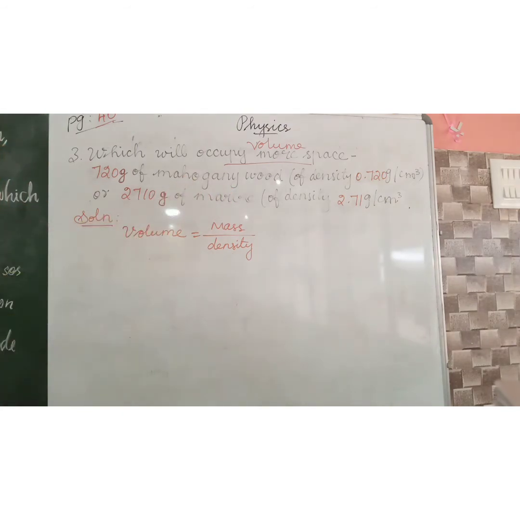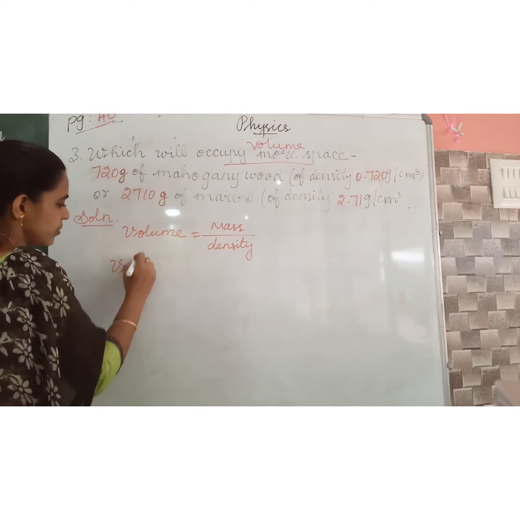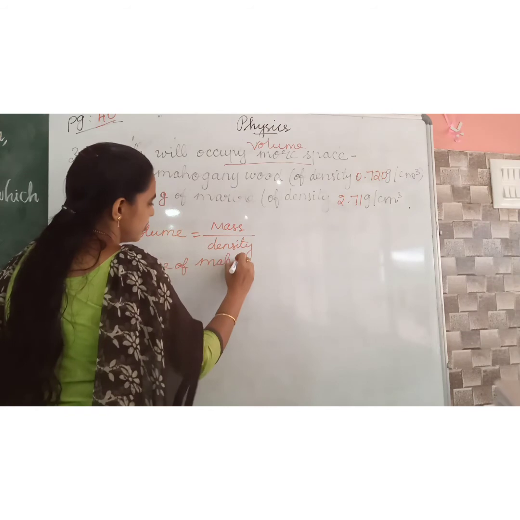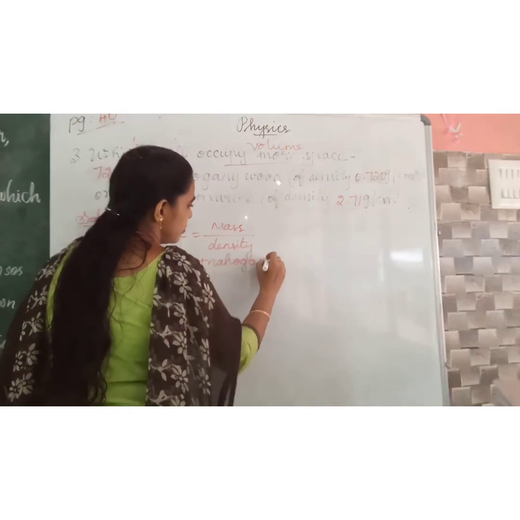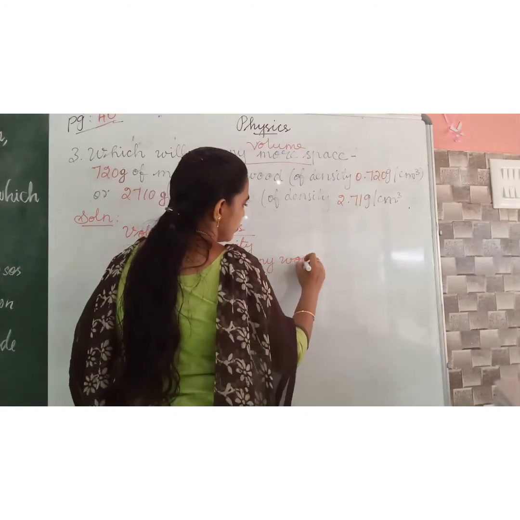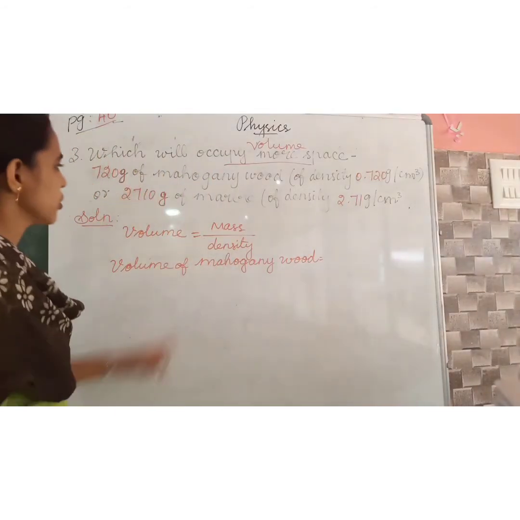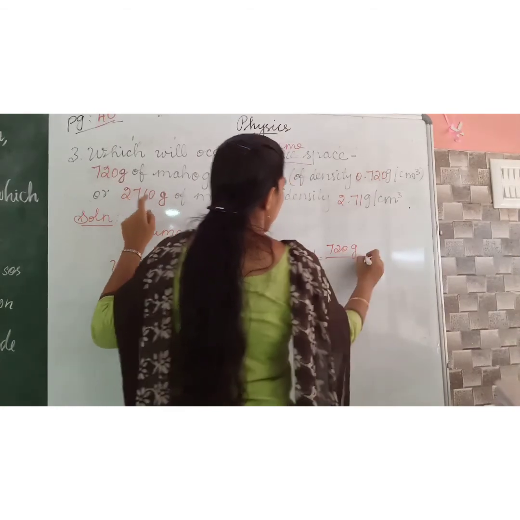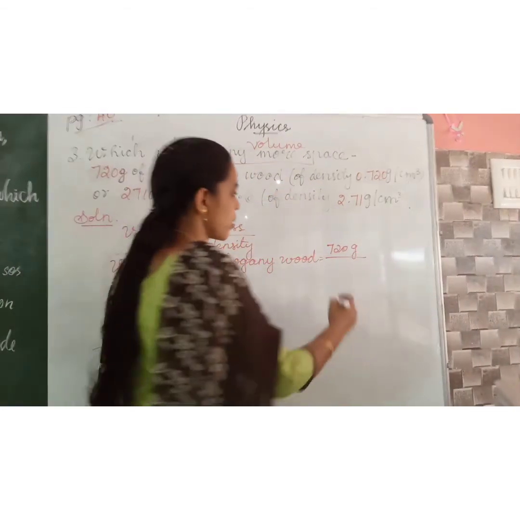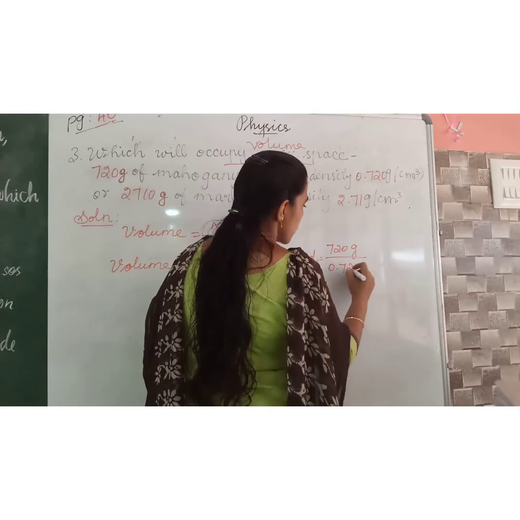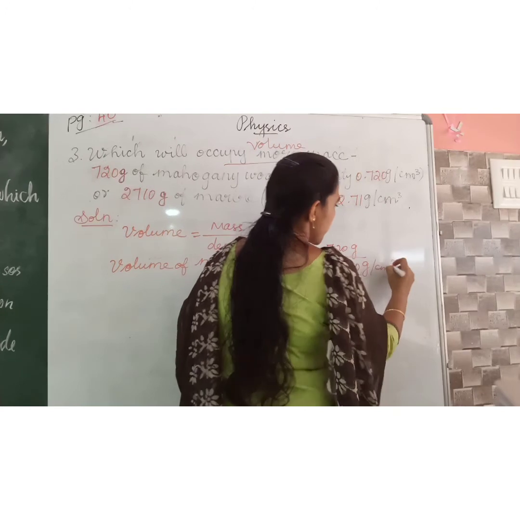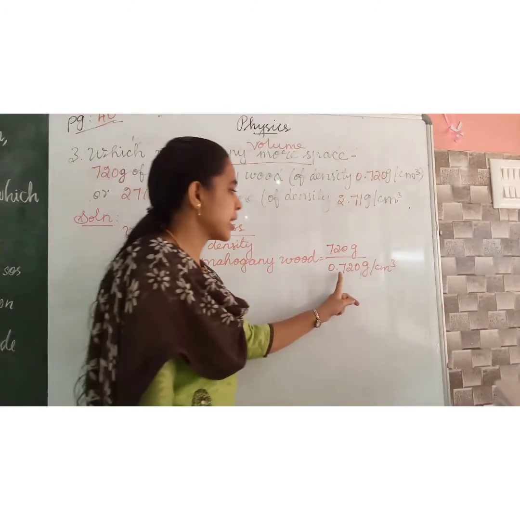For the mahogany wood, the volume of mahogany wood is equal to mass, how much? 720 gram divided by, what is the density? 0.720 gram per centimeter cube. See here, a decimal number.